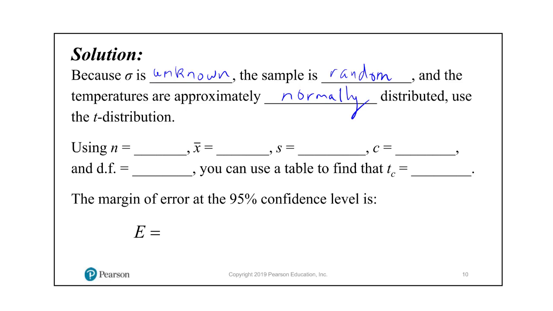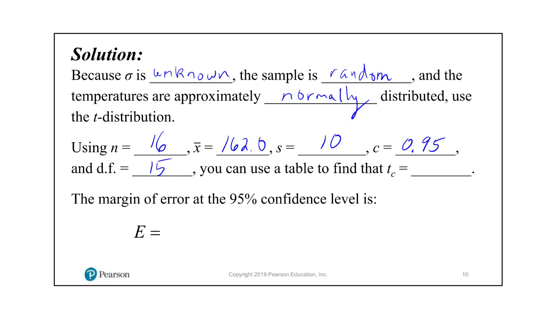Okay, we do have this n of 16, which is less than 30, but again, because we know that the population is approximately normally distributed, we're okay. They gave us the sample mean of 162. They gave us the sample standard deviation of 10. They gave us the confidence level, 95% or 0.95, and the degrees of freedom, again, that's going to be n minus 1, so that's 15.